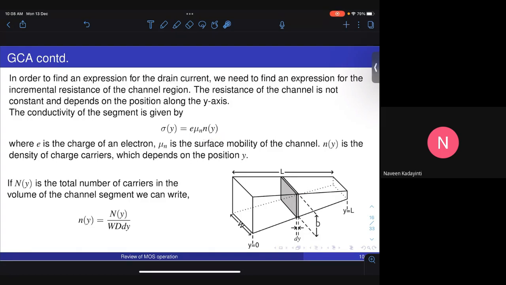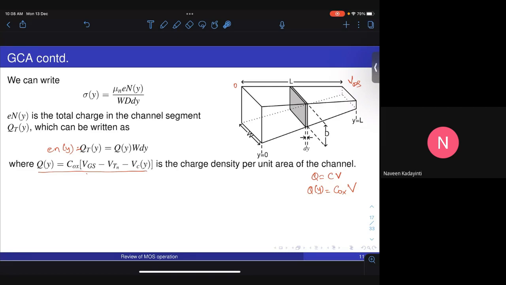The density of the charge carriers can be written as the total number of charge carriers in that segment divided by the volume of that segment. W is the width here, d is the depth, and dy is the width of this small segment. So W into D into dy is the volume of that segment, and the density of charge carriers is nothing but the total number of charge carriers divided by the volume.